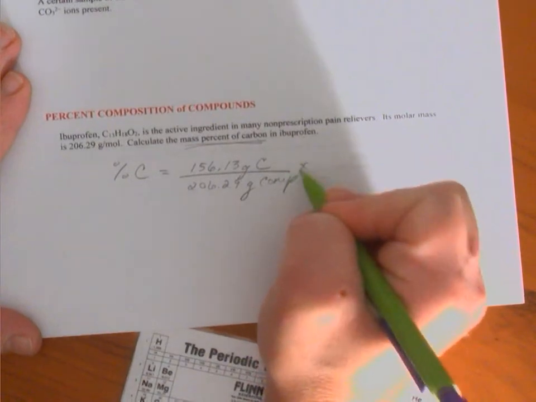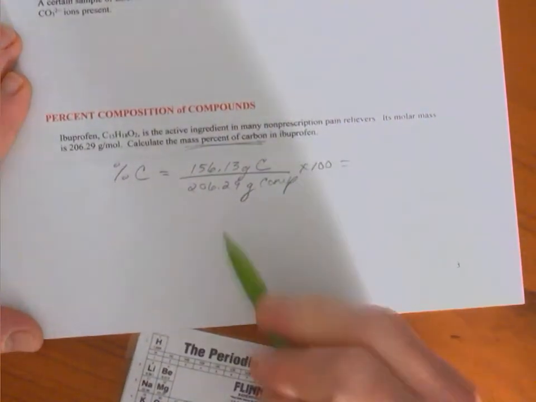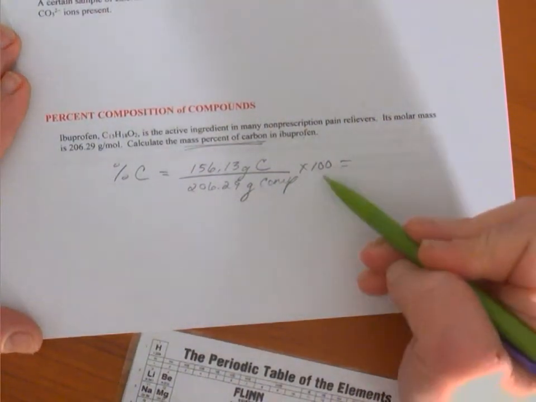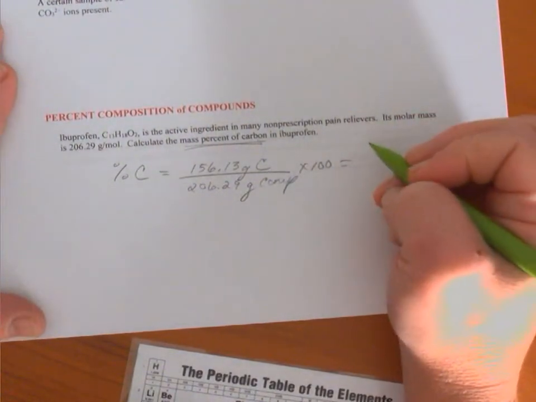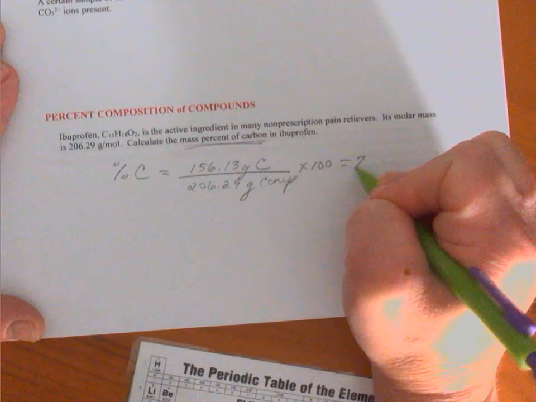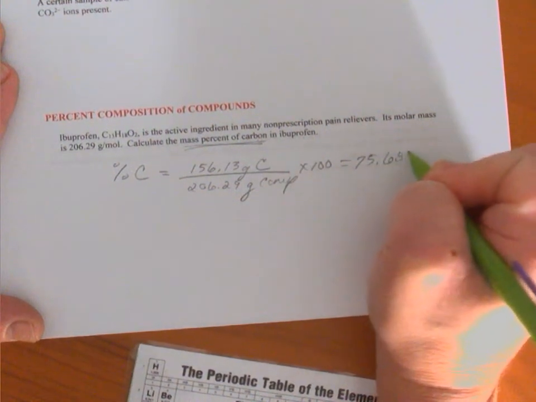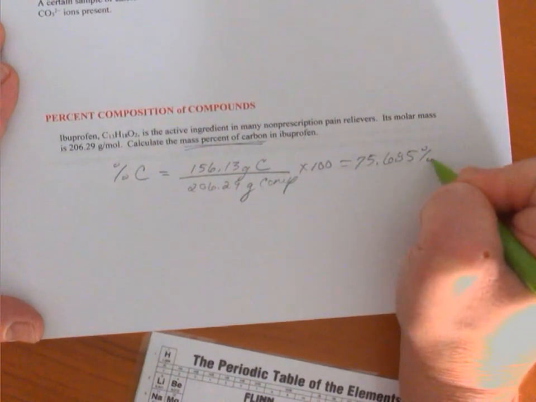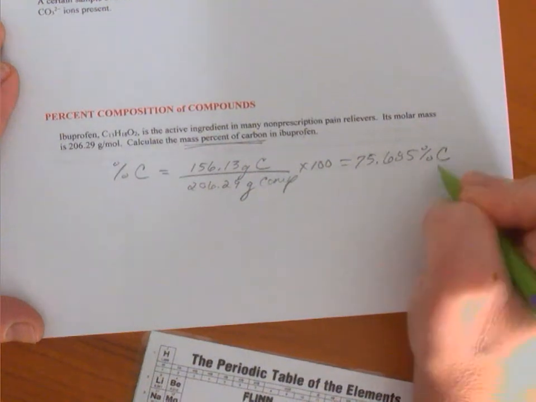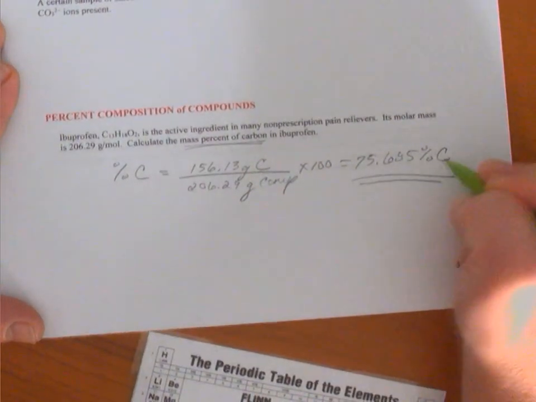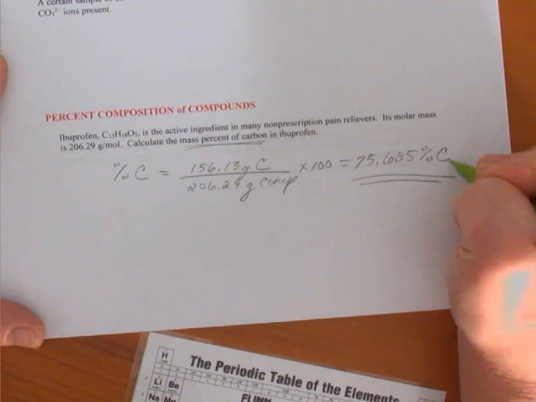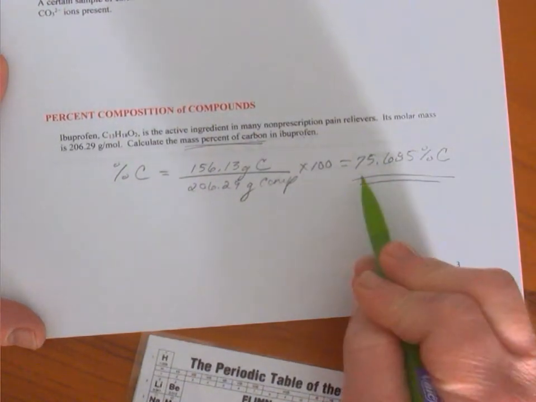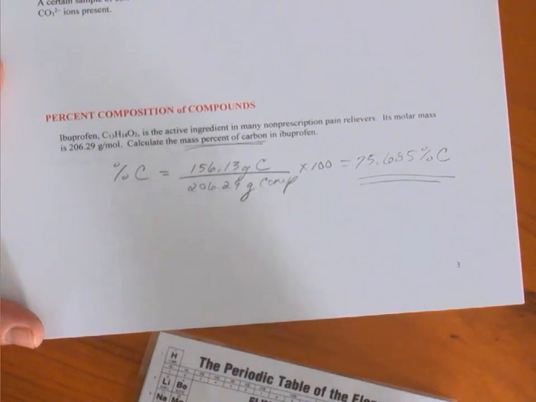And multiplying by 100, so we're dividing, so we know this will not limit our sig figs. We need to report 5 significant figures, and the correct answer here would be 75.685%, and we absolutely should identify percent of what. So officially, it's carbon in ibuprofen, but that would be sufficient as your answer.